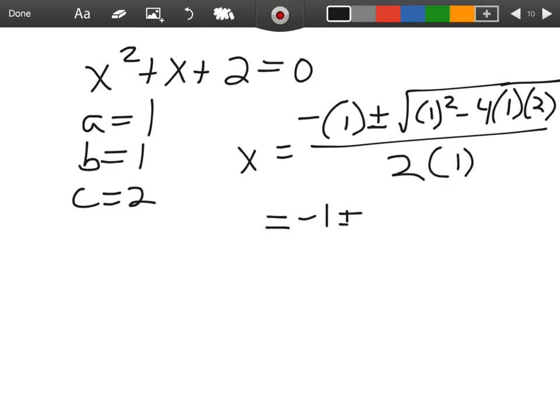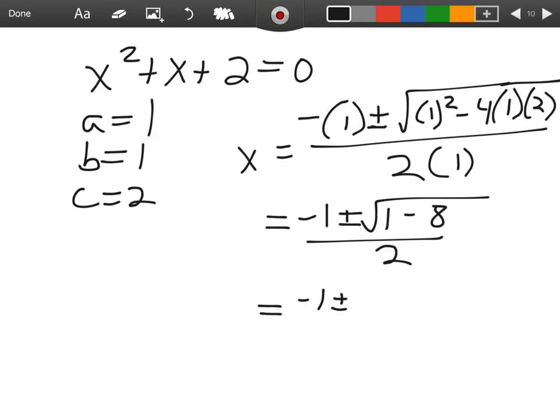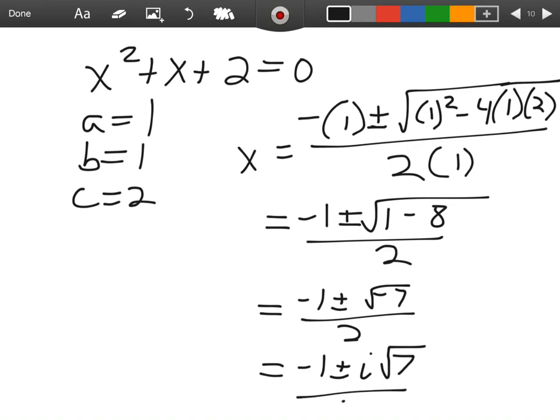So negative 1 plus or minus the square root of 1 minus 8 over 2, which is negative 1 plus or minus the square root of negative 7 over 2. And we need to not have square root of negative numbers. So we're going to say i square root of 7 all over 2.